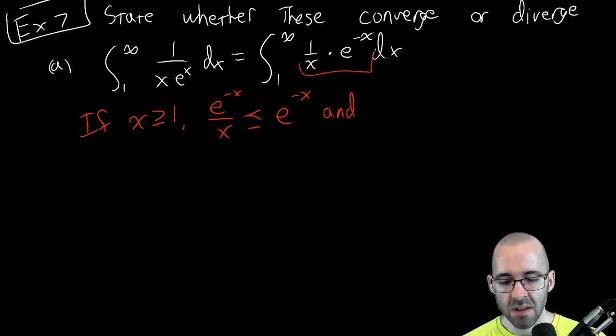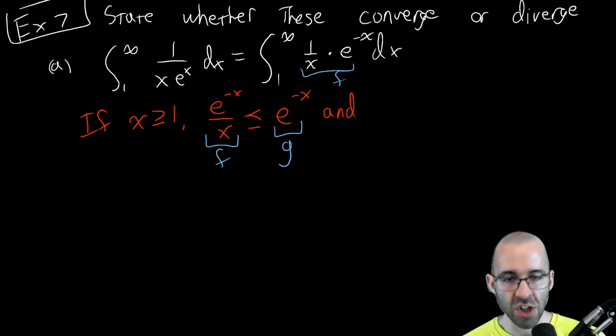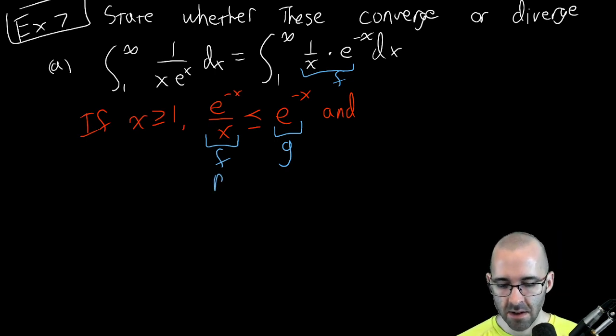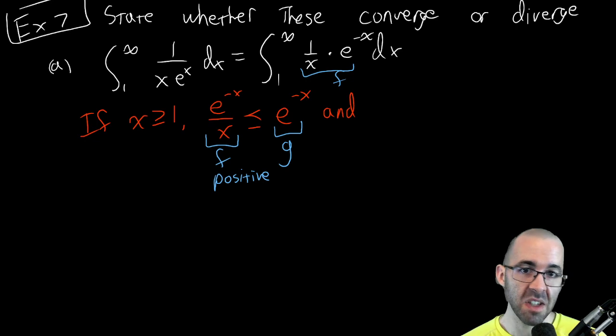So this is smaller, right? This is our smaller function. If you want, you could call this f and this g. If the integral of g converges, they're both positive, something smaller that's positive than something that converges must converge.